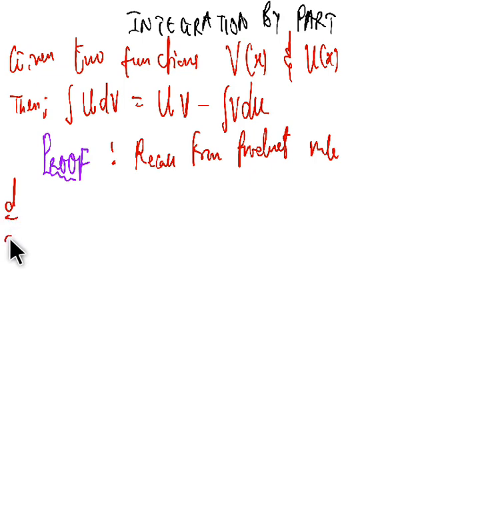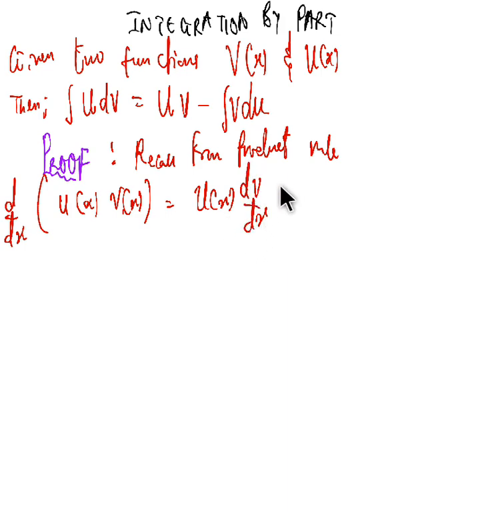If you differentiate their product, u of x times v of x, with respect to x, this will give you u of x multiplied by the derivative of v of x, which is dv over dx, plus v of x multiplied by the derivative of u of x, which is du over dx. The next thing we are going to do now is to integrate both sides with respect to x.